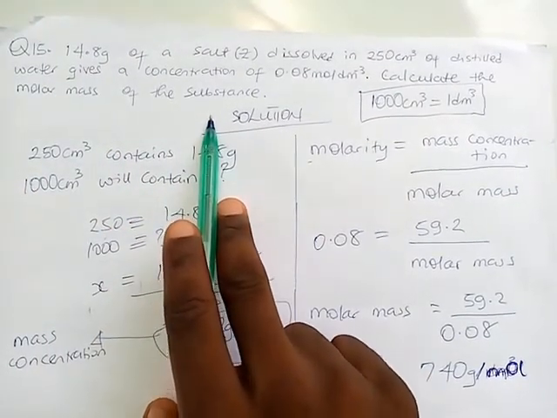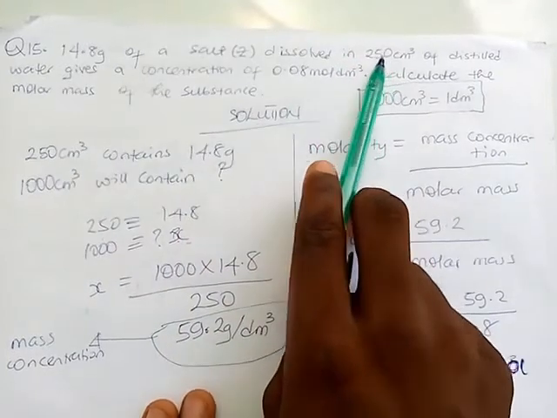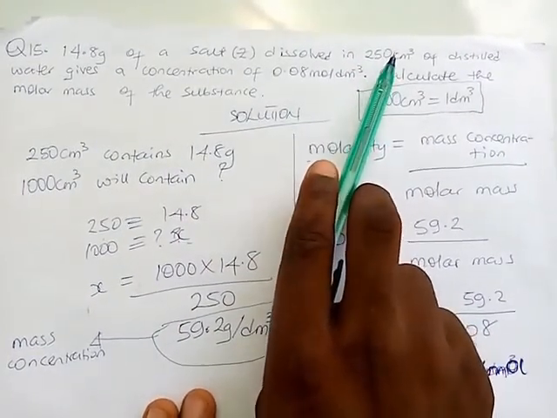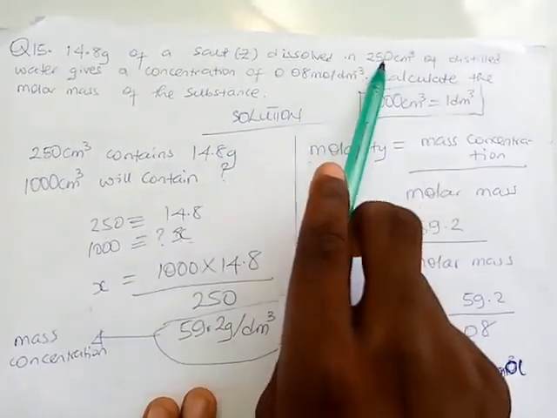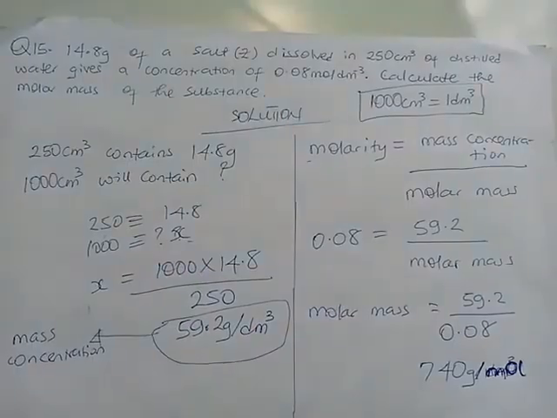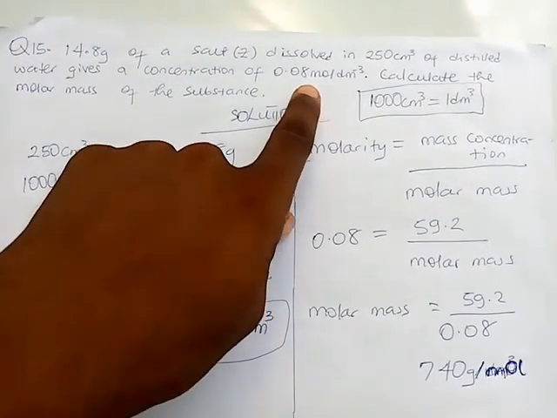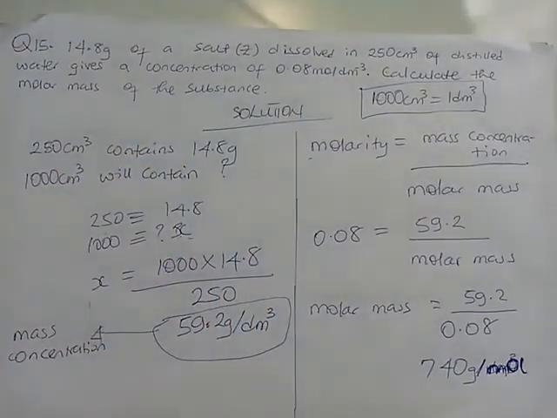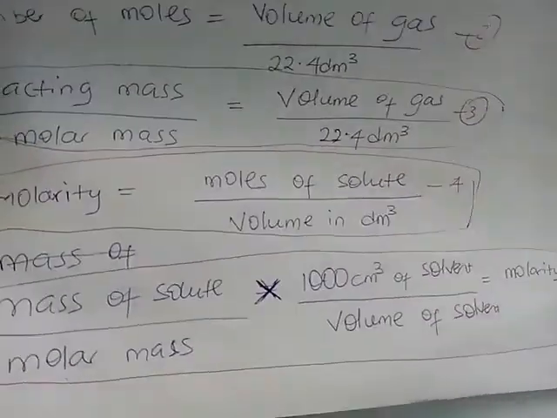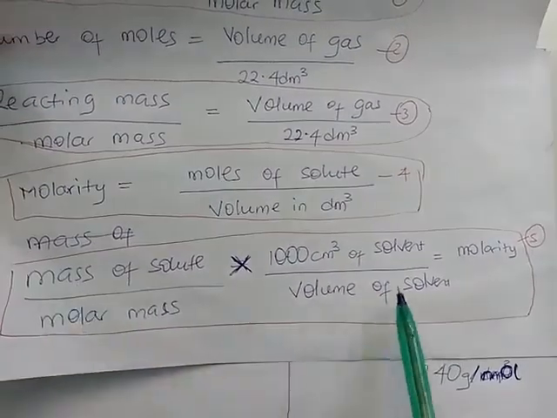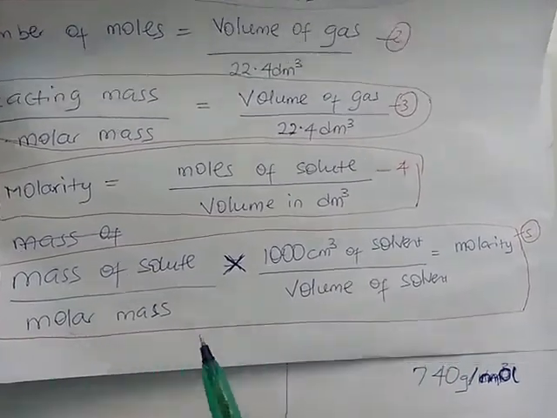We've also been given the volume. So if we convert the volume and also we are given the molar concentration, we can obtain a very fast answer, and that is what this formula is all about.